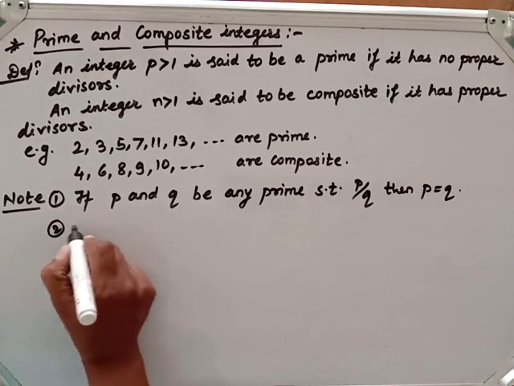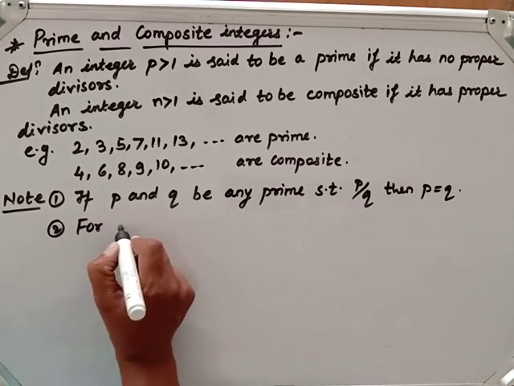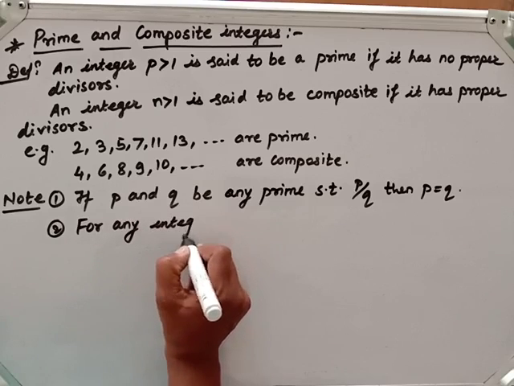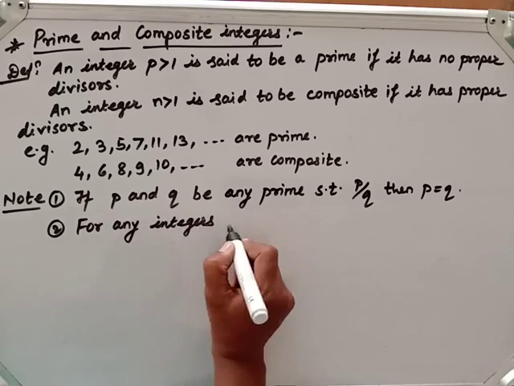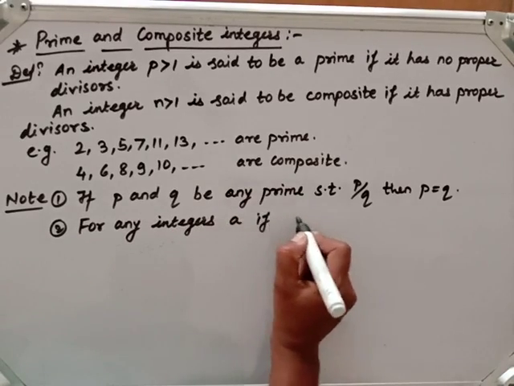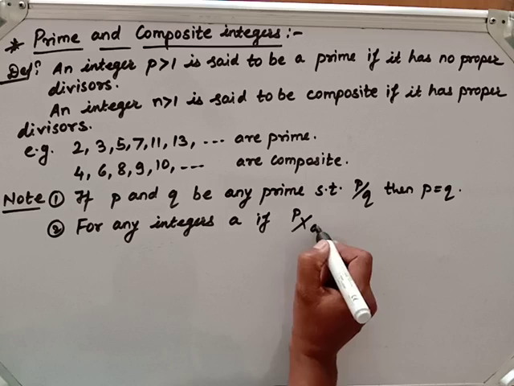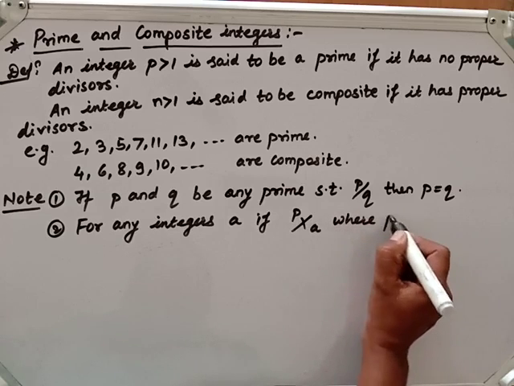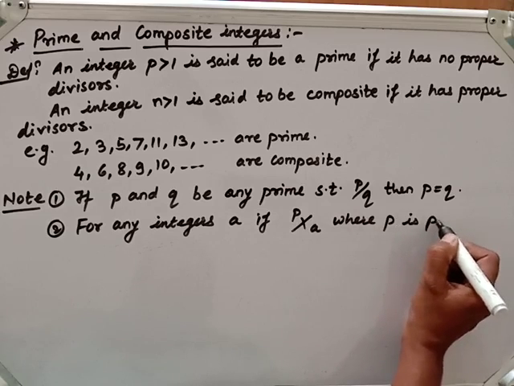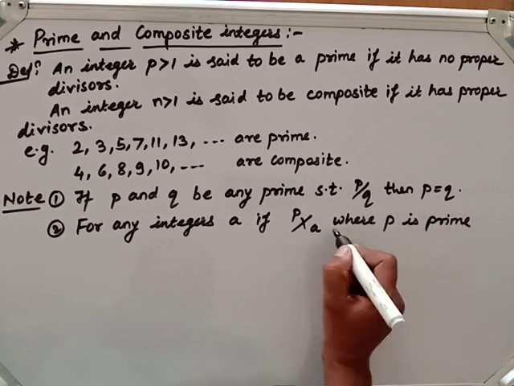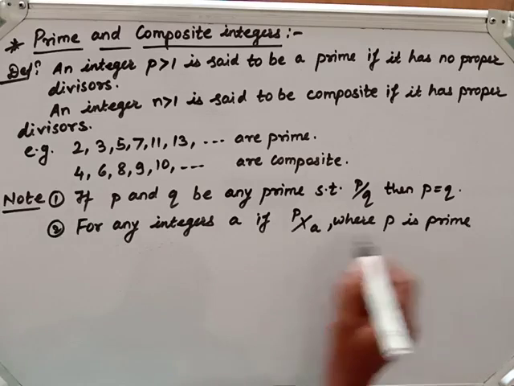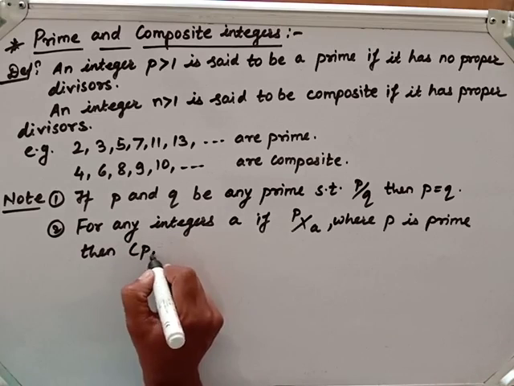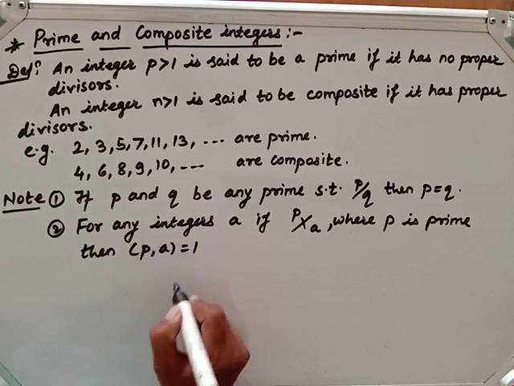The second note is that for any integer A, if P is prime and P doesn't divide A, then the GCD of P and A should be 1.